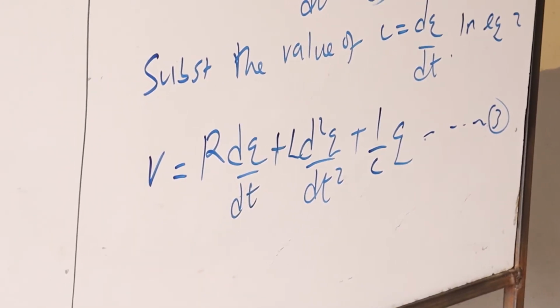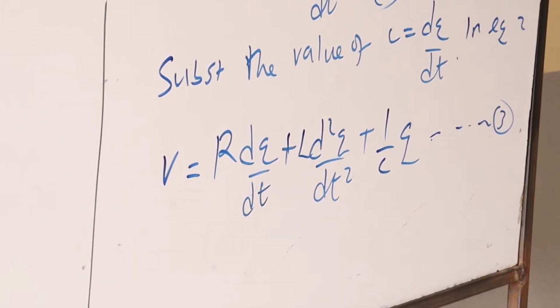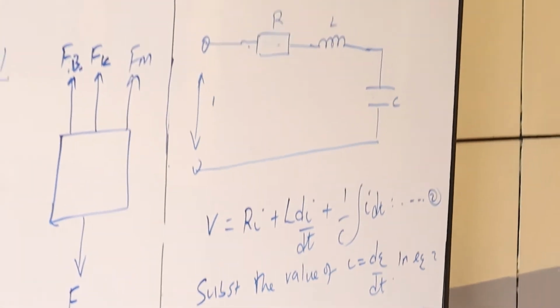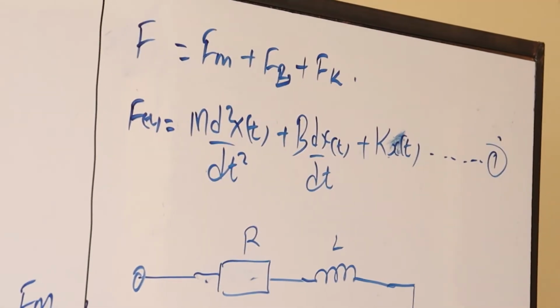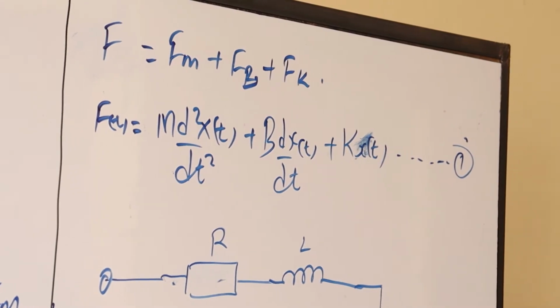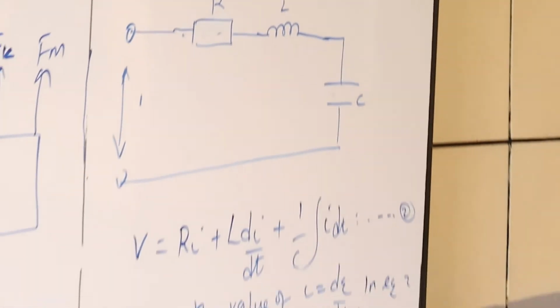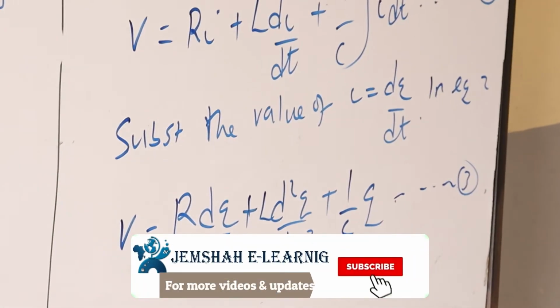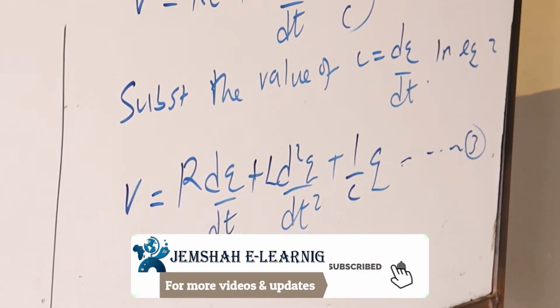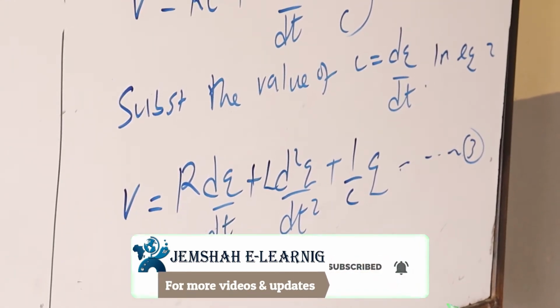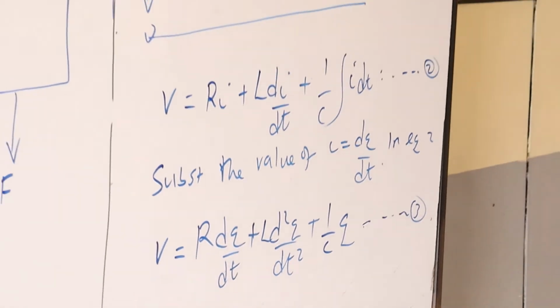So we can go ahead and compare. By comparing equation 1, the one relating to the mechanical system, and equation 3, the one with electrical quantities, we can find the analogous quantities of the translational mechanical systems and electrical systems.